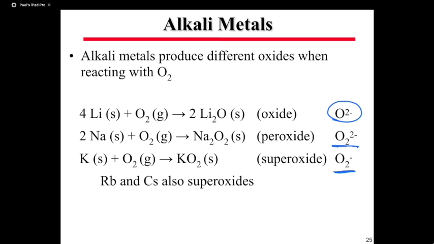I would have to tell you the name for you to know that is the ion that you use. Both the peroxide and the superoxide are polyatomic ions. Okay, so they have their own name. They are a group. And so you can only know that it becomes that if I give you that in the name.